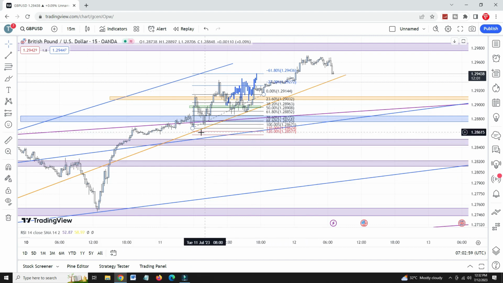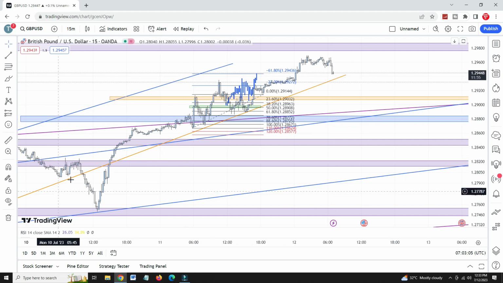It respected it once, twice, thrice, and in fact it's coming now again to this trend line. So this is a trend line that the price is respecting for the time being, and more or less my assessment was correct, as in which direction the price would move. It took a little longer to reach this level, 61, but it did, and it's gone beyond, in fact. So yes, I would say this was a good assessment.